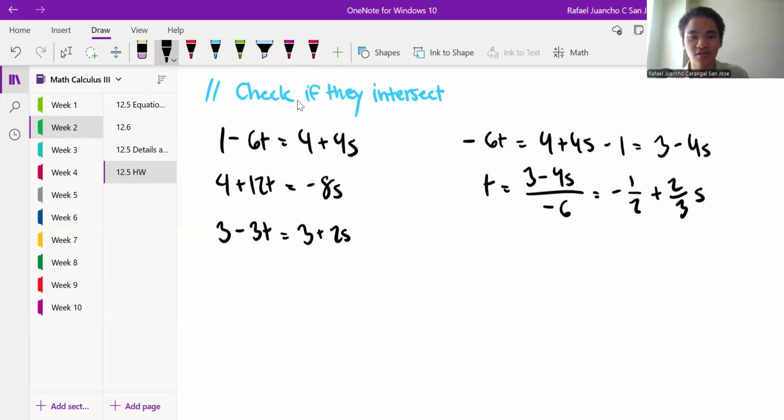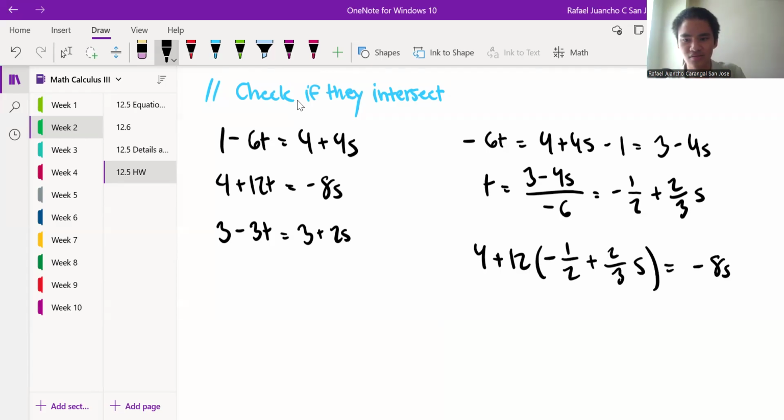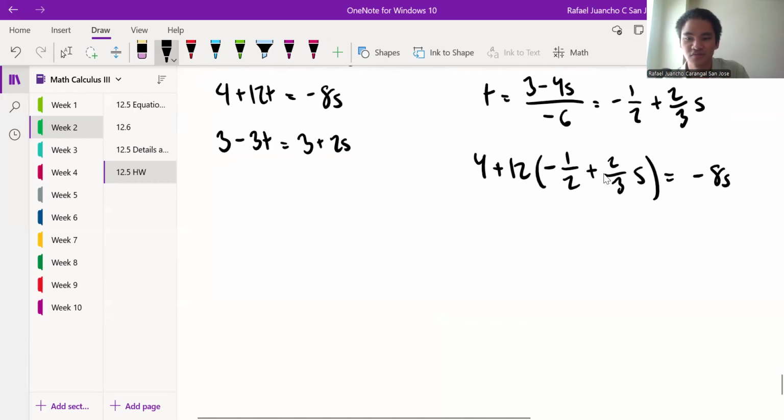Now we plug it in. I'm gonna plug it in the second one. Let's say 4 plus 12 times negative 1/2 plus 2 over 3 s. And this should be equal to negative 8s. And let's check for s. So we have 4 minus 6, negative 12 over 2 is minus 6.